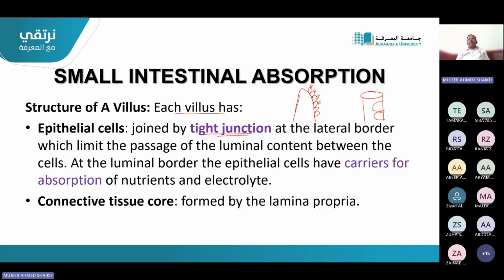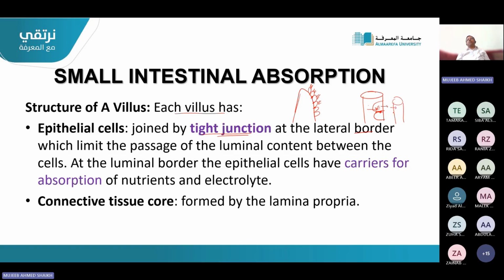They are connected on the lateral side with tight junctions, which limit the passage of luminal content between the cells. So passage will occur only through the cell, from the lumen to the epithelial cell, from the epithelial cell into the interstitium, and from the interstitium into the blood vessel.